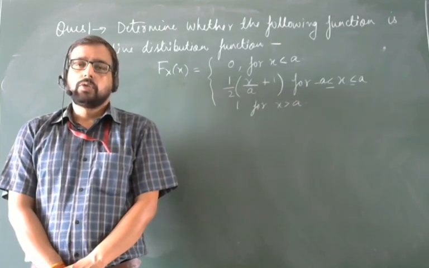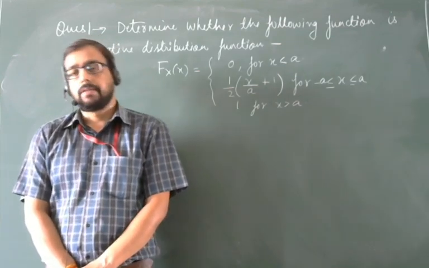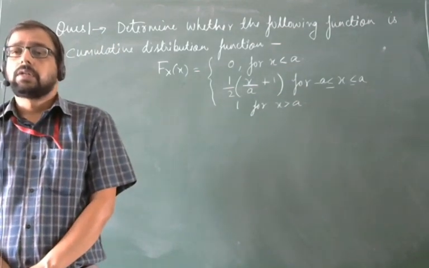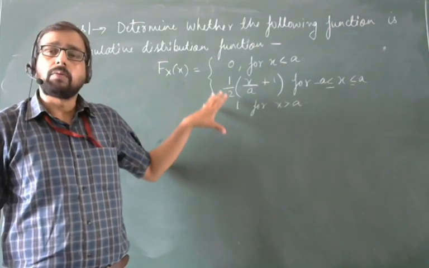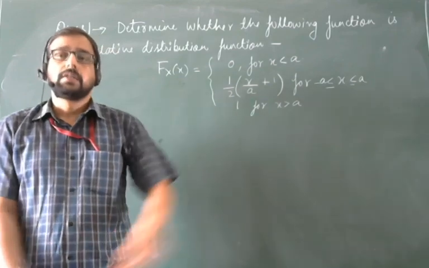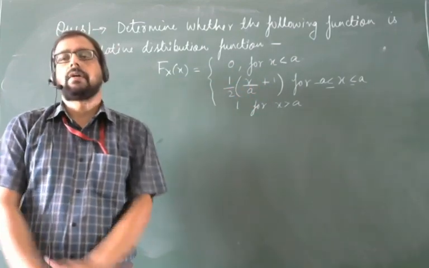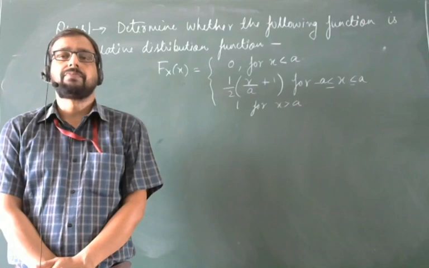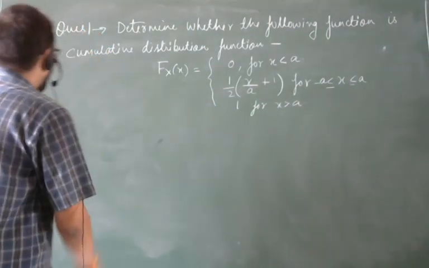Now use the properties of the probability density function, and finally if this function satisfies the conditions of the probability density function, then we can say that this function also satisfies the conditions for the cumulative distribution function. Okay, now the solution.